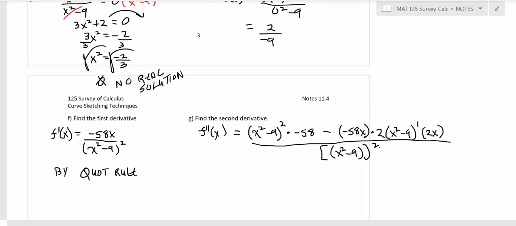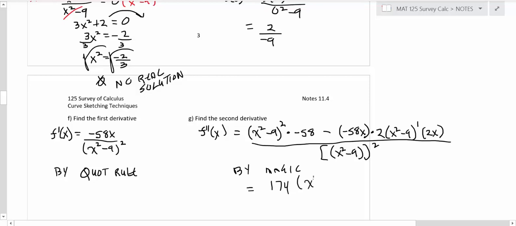I'm not going to do the simplification on this. You could do it; it's just basic multiplying stuff out, and it's not hard. What you would end up getting is 174x squared plus 3, over (x squared minus 9) cubed.